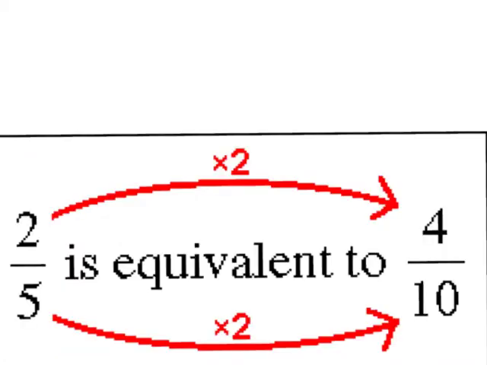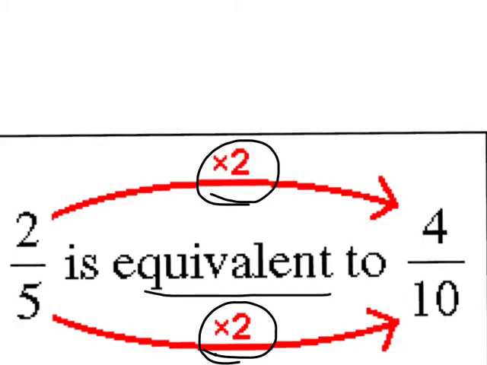Okay, go to the next frame. All right. And you see here, this is what they did. 2 times 2 and times 2 on the bottom. 2/5 is equivalent to 4/10. And if we went backwards, we could say the same thing. We could say 4/10 will reduce to 2/5 if we divided by 2 on both sides.